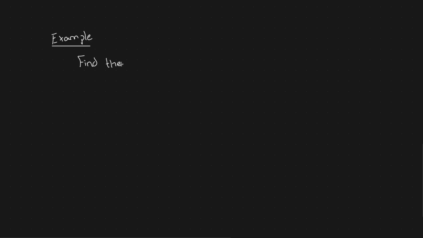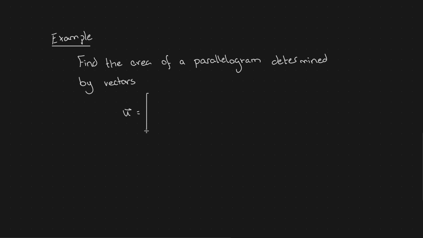Find the area of a parallelogram determined by vectors u, which is vector -2, 1, 3, and v, which is vector 1, 6, 2.